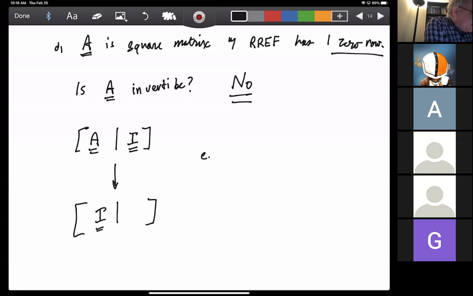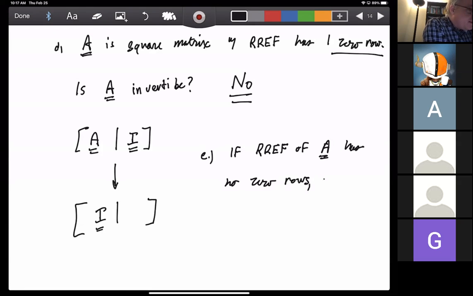And as a follow-up to that, if the RREF of A has no 0 rows, is it invertible?